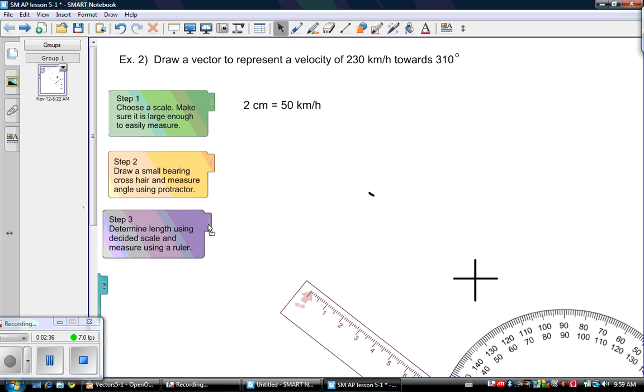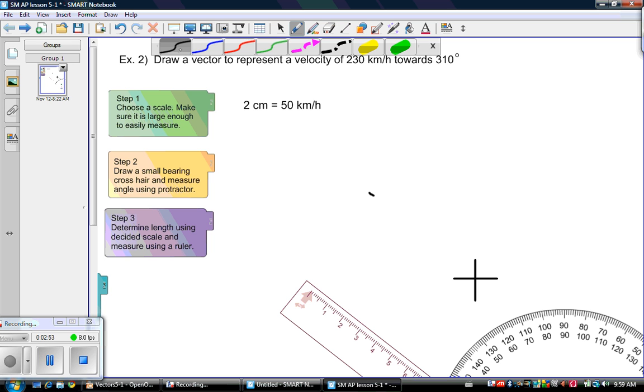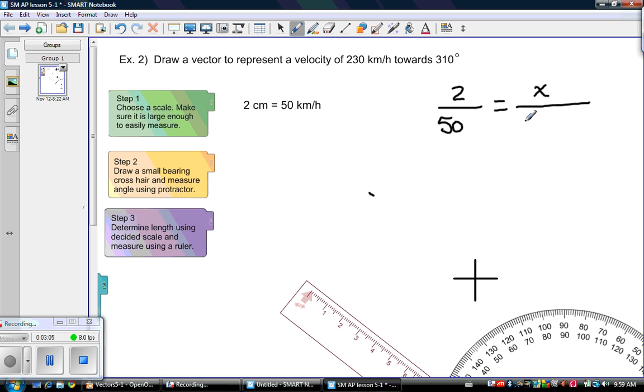So step 3, we need to determine the length that we are going to use with our scale, 2 centimeters to 50 kilometers per hour, and then draw it in using a ruler. To determine how long our line will actually be, we use ratios. So 2 centimeters to 50 kilometers is equal to x, the length of our vector, and our vector is actually 230.